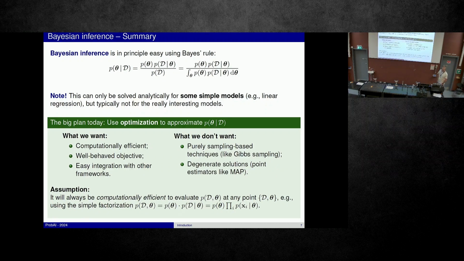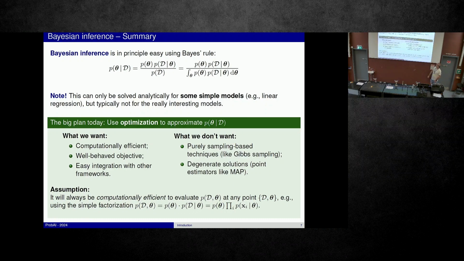And we are looking for a technique that is computationally efficient, well-behaved, and can be integrated with other frameworks, like, say, deep learning stuff. So we are not going today to talk about sampling. We are not going to talk about degenerate solutions like this MAP thing. But we are trying to do something that captures the full distribution, P of theta given D. And then we will have this assumption here coming with us throughout the day.